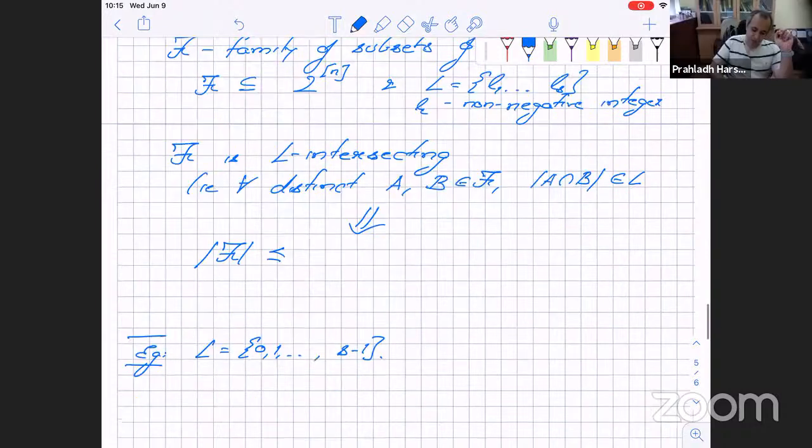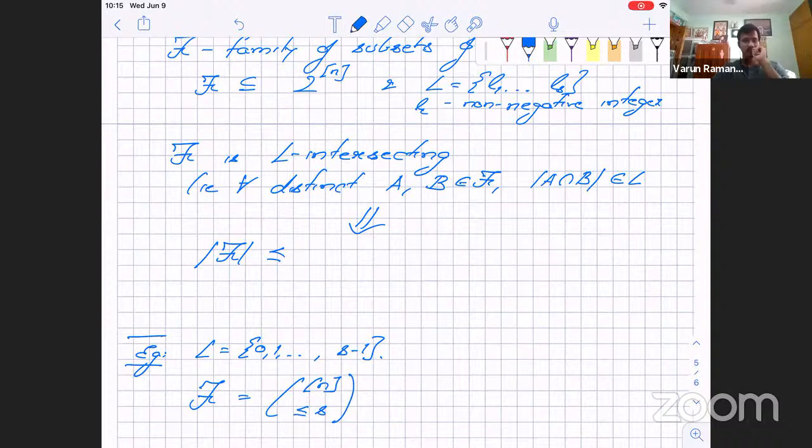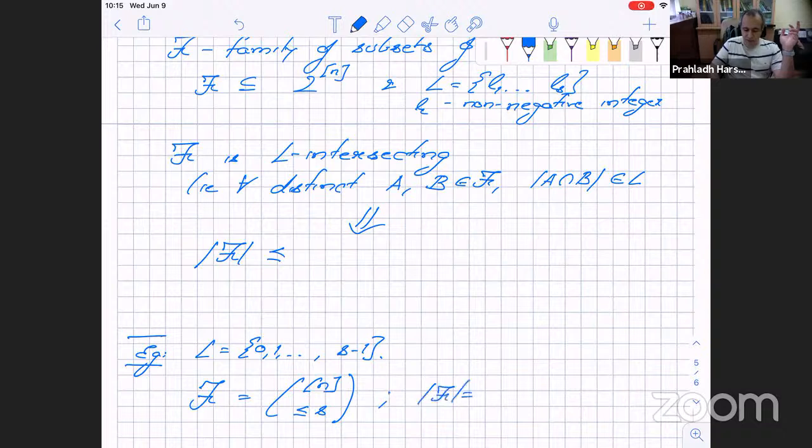So for example, F I could have set to be equal to all subsets of n of size at most s. And what is the cardinality of F in this setting? It is basically the summation of n choose i, going from 0 to s.